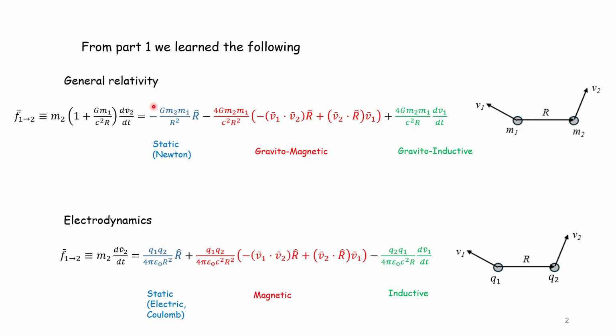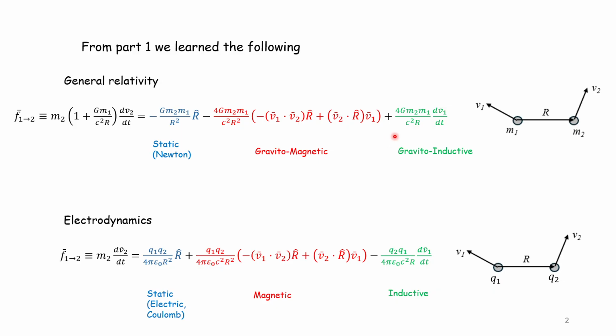We shall interpret this as kinematical corrections, as I said. So we have something depending on velocity here, and that is called gravito-magnetic, to borrow terminology from electrodynamics.